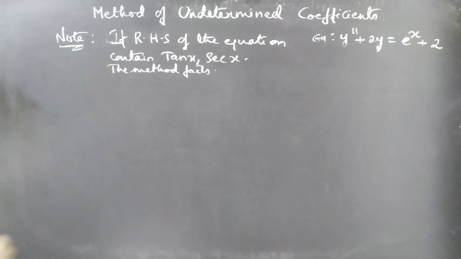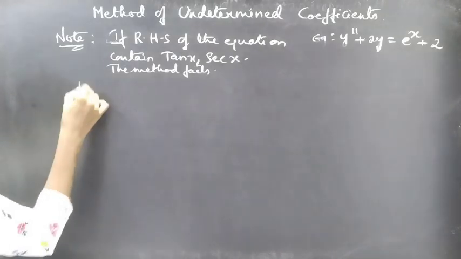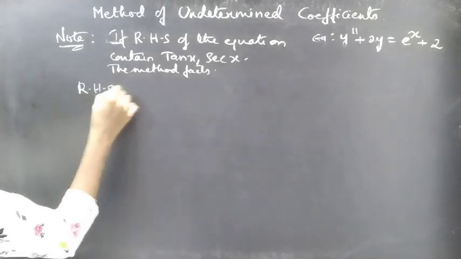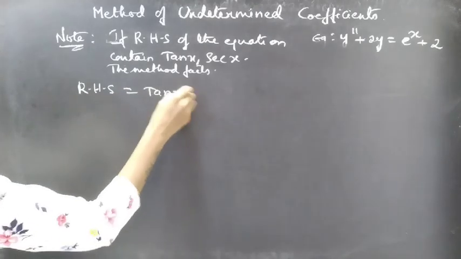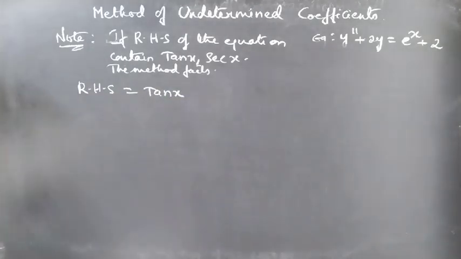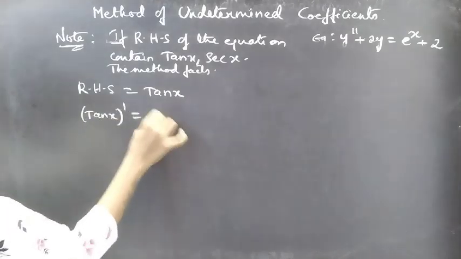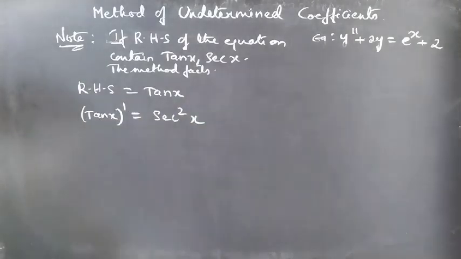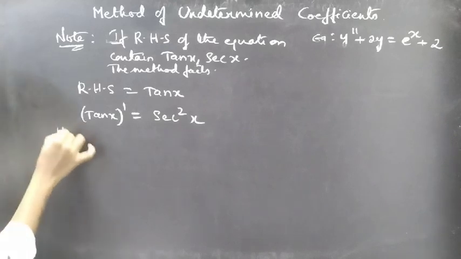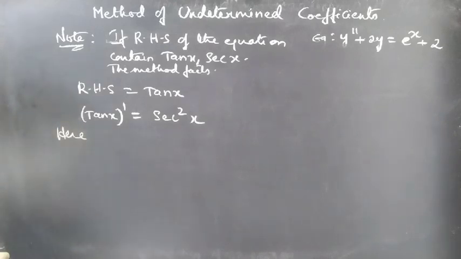Because if you have, say, some RHS part tan x, then we need to find its derivatives, right? What is the derivative of tan x? You will get secant square x, right? And here it is not possible to write a finite set.